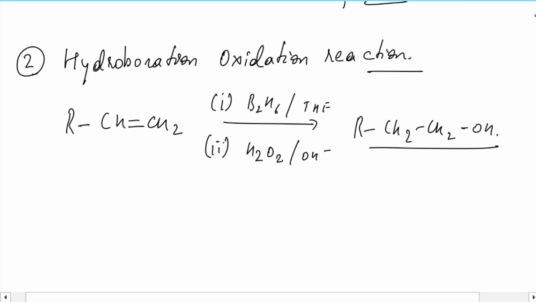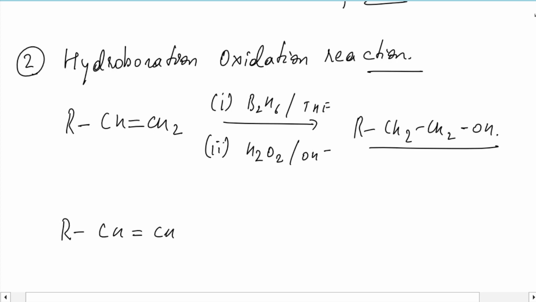How does this happen? Let's have a look at its mechanism. What happens is the trialkyl borate is formed here, which further reacts with H2O2 to form boric acid along with alcohol. So let's have a look at how it happens.